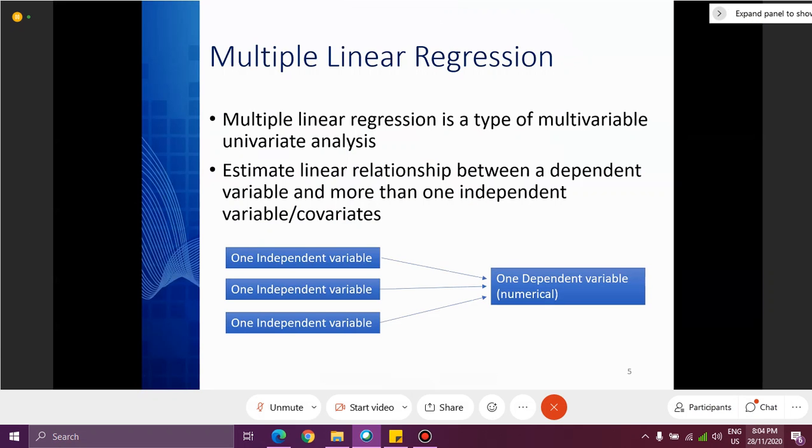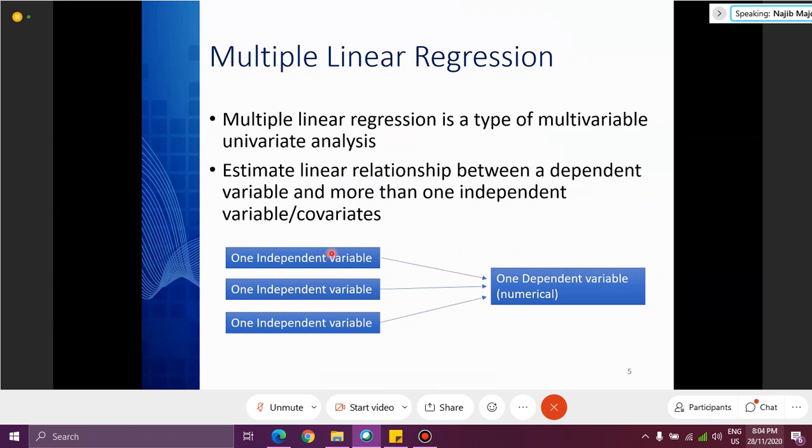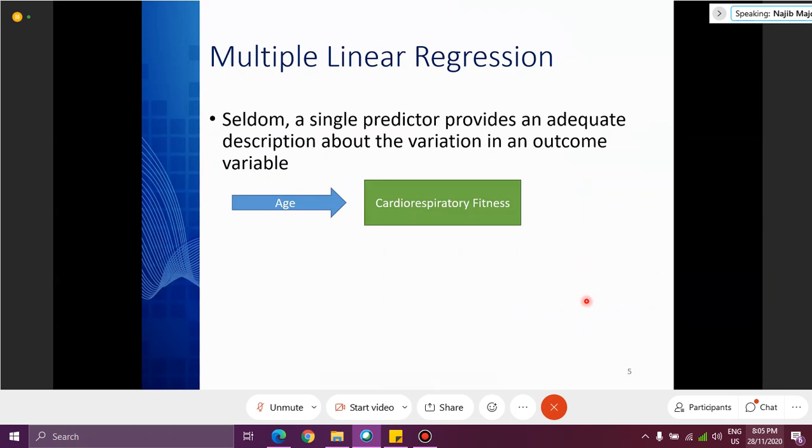So now you are studying the influence of more than one independent variable towards an outcome variable, and the outcome variable must be numerical.